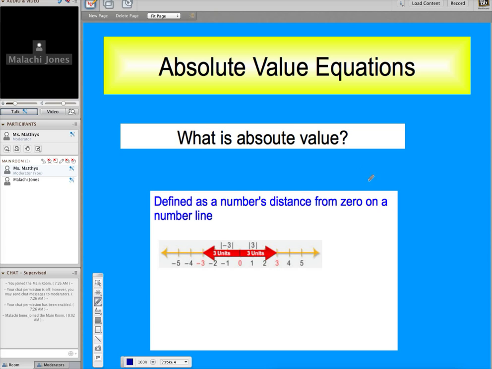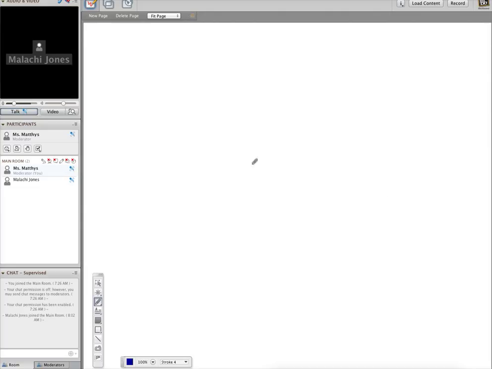For instance, if I say something costs $10 plus or minus $2, like dinner tonight, then you're thinking it could be as much as $12, but it could be as low as $8. What is the distance from 8 to 10? How many dollars difference? 2.